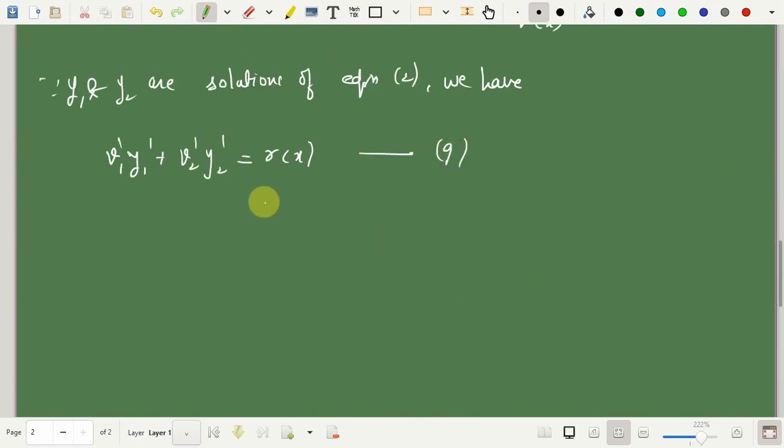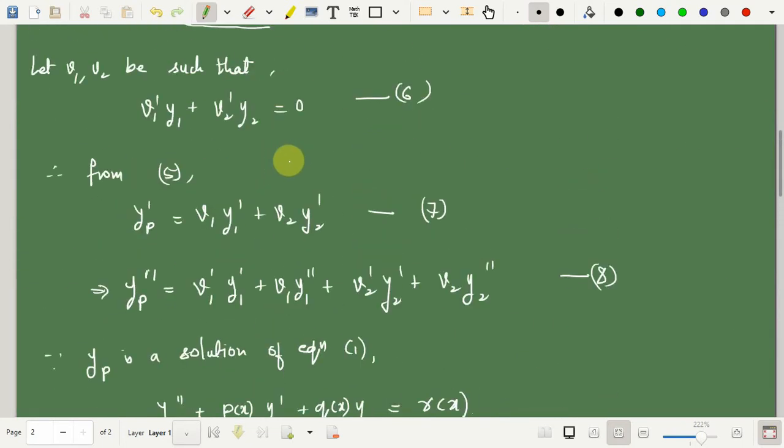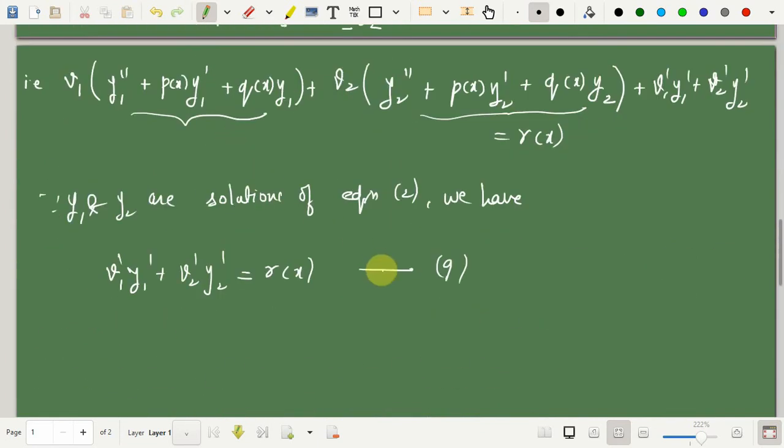Now just consider equation 6, having the unknowns v1 prime and v2 prime with the variables y1 and y2. In the same way, equation 9 has the same unknowns v1 prime and v2 prime.